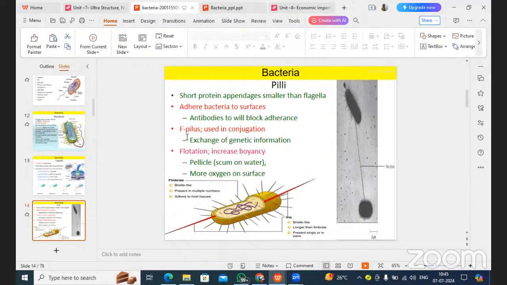Where you see the villi, these villi are of two types, normal villi and sexual villi.